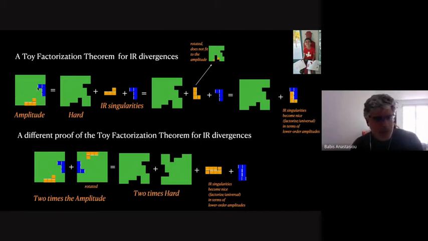So let's take the amplitude and make a second copy of it. So we rotate the full amplitude as well. When you have these two copies, then you can subtract the divergences from each of the copies. But then, without any rotations, without any transformations, the divergent pieces organize themselves into nice blocks. We did the proof of factorization here for twice the value of the amplitude.